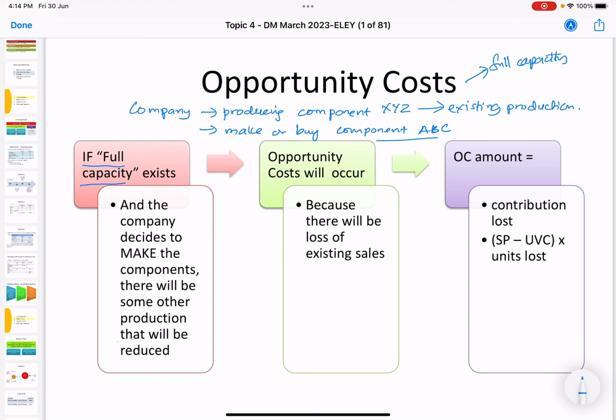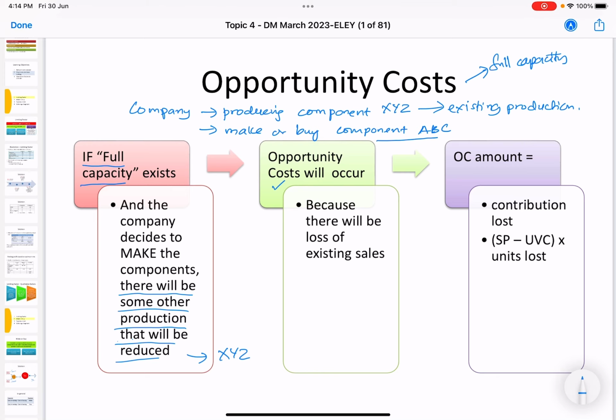That means they don't have enough space and yet they still want to manufacture, which means they will have to sacrifice their existing production. So if that happens, some other production will be reduced. In my example just now, production of XYZ will be reduced. If that is the case, opportunity cost will occur.